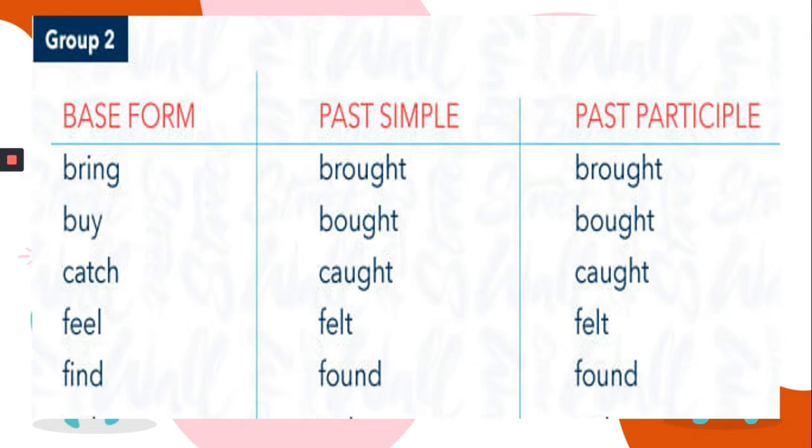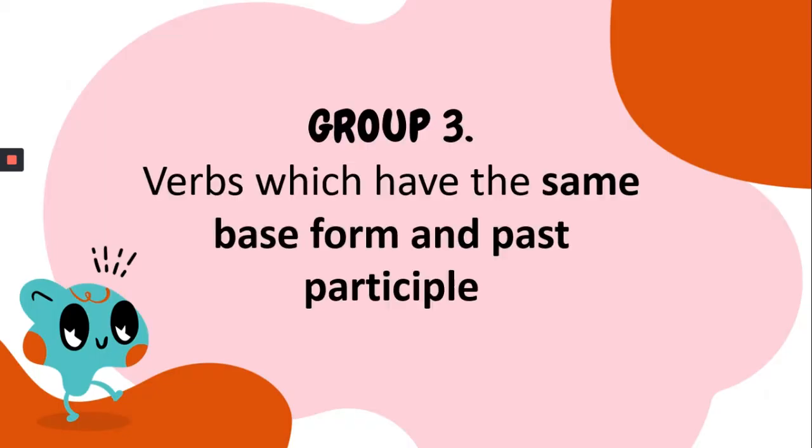Well, let's continue to the third group. In this one we have the verbs which have the same base form and past participle. So the only time that the form of the verb changes is in the simple past tense. Let's take a look at some examples, and we can have here the verb come.